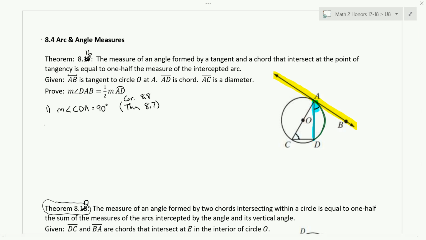What else? What can we say about the measure of angle CAD plus the measure of angle DAB? In our picture here, what can you tell me about the sum of those two angles? Yes, Lena. The right angle, why?